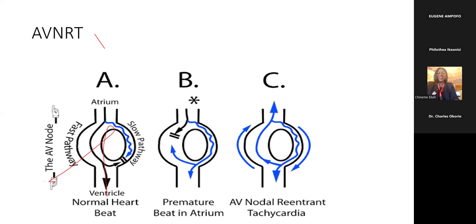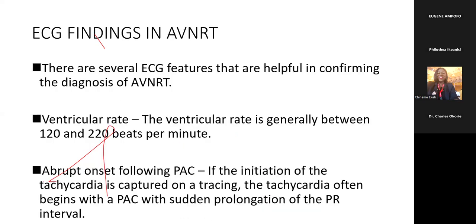Then the ECG findings in AVNRT. There are several ECG features that are helpful in confirming the diagnosis of AVNRT. The ventricular rate is generally between 120 to 220 beats per minute. Usually, AVNRT has an abrupt onset following a premature atrial complex.